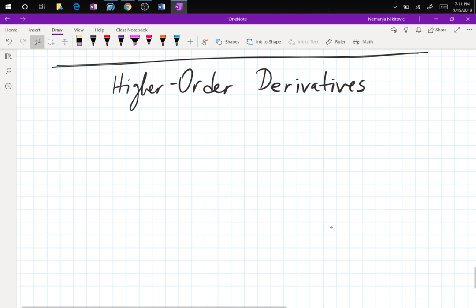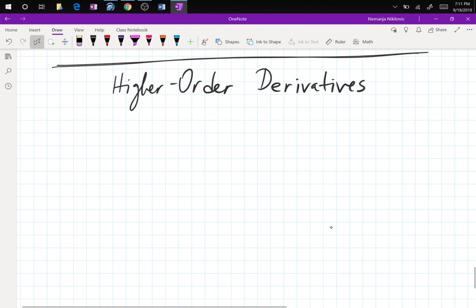How many derivatives does f of x have? Infinitely many, exactly. There is the first derivative and the second derivative and then the third derivative and the fourth derivative and the fifth and the sixth, right? And on and on and on.